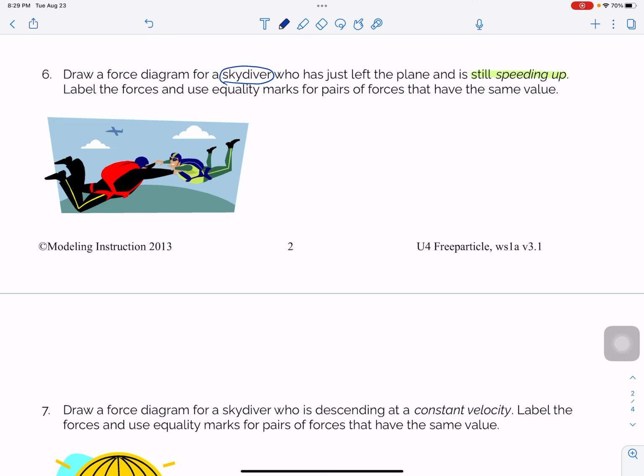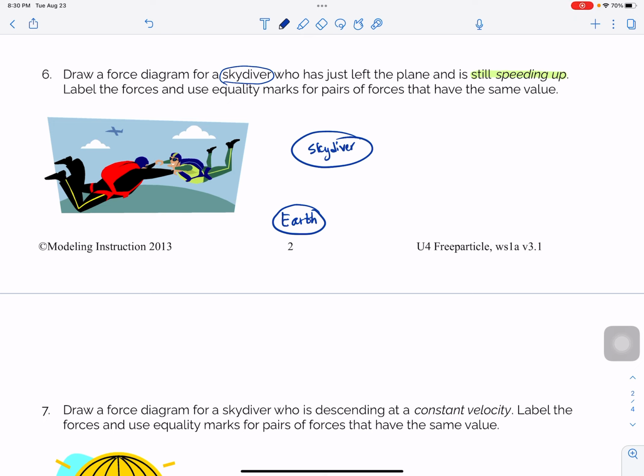And so we've got the skydiver. And we know that we have the Earth. And we're probably pretty sure that there's going to be another force. And if you look on the giant packet that I gave you, there's a list of contact forces.